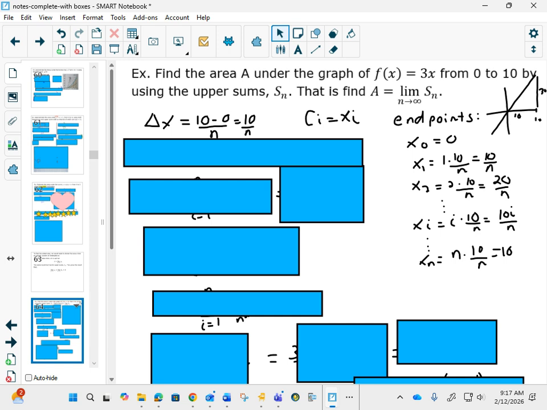Here's our maximum, ci, upper sums, that's a capital C. Lovely that we decided to use C, so that for those of you with great penmanship, you'll never be able to tell if it's a big C or a little c. Okay. Our capital C will always be the right-hand value, and the right-hand values are always x1, x2, x3, so ci will equal xi.